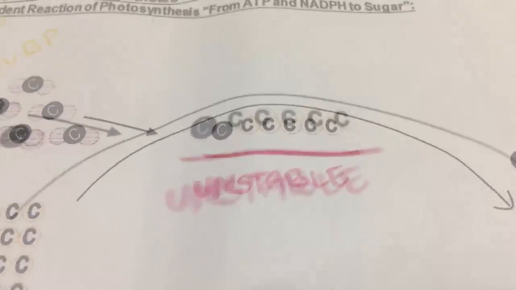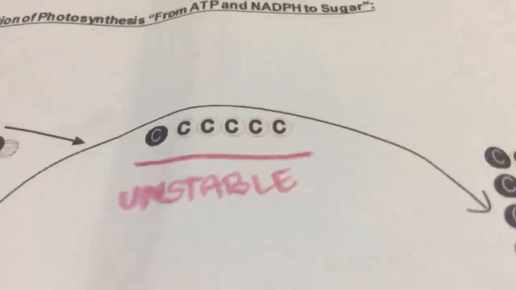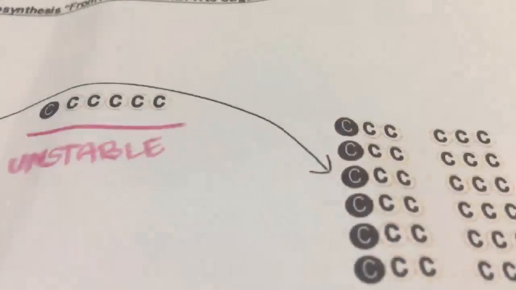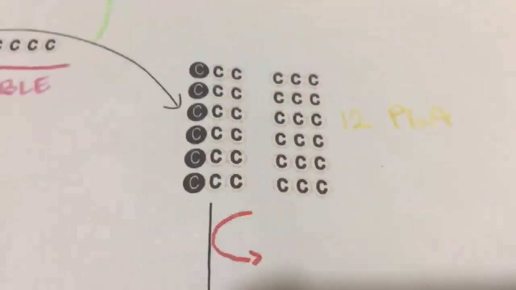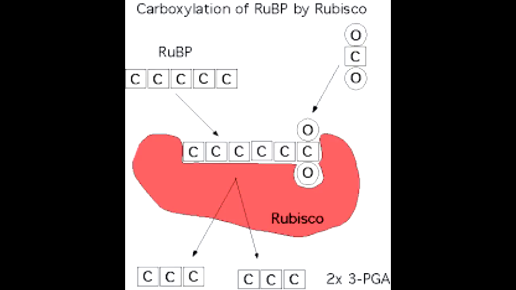As it fixes the carbon, it will produce an unstable 6 carbon molecule. Each will break in half, producing 12 PGA. This cannot happen without RuBP carboxylase, which is an enzyme, as it helps on catalyzing the attachment of 6 carbon dioxide to 6 RuBP.